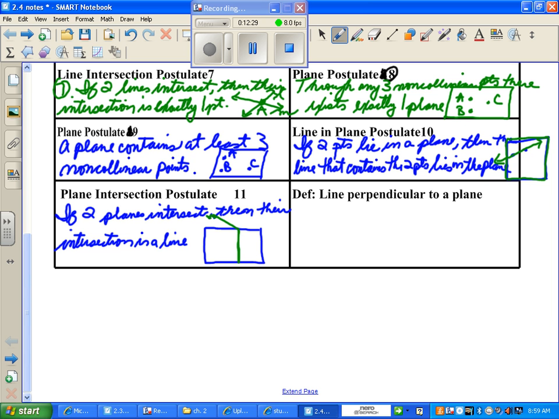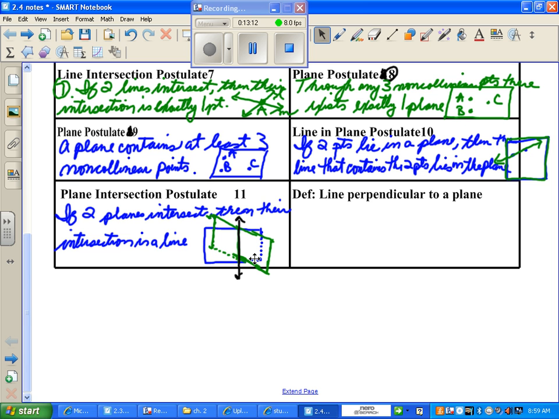Here's their line of intersection. And then if I go back, I should dash this back one and make the front solid. Okay, well, the intersection here, hopefully you get the idea. 2 planes are intersecting, like 2 walls, and it creates the corner of the room, which represents a line.